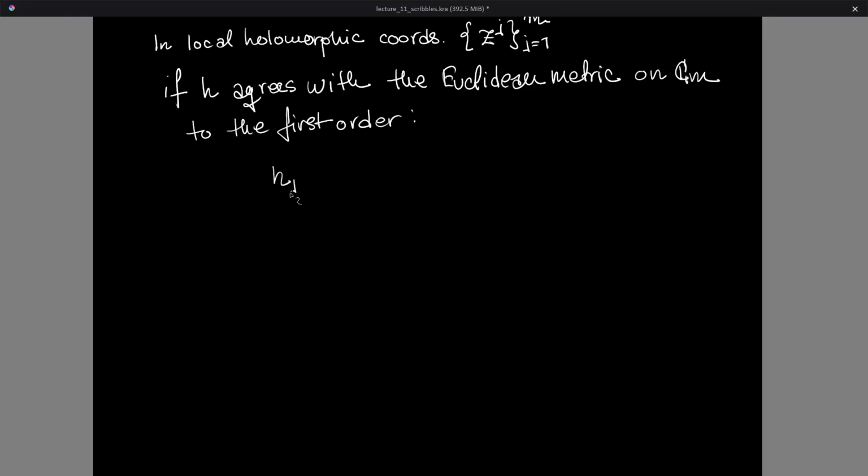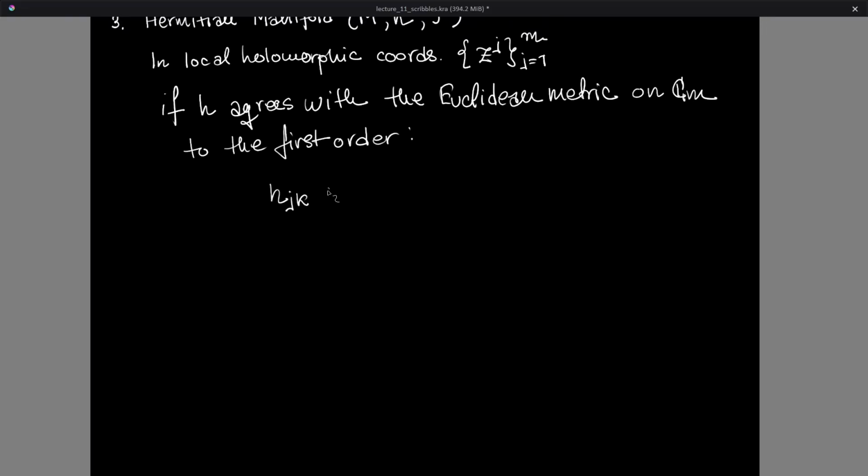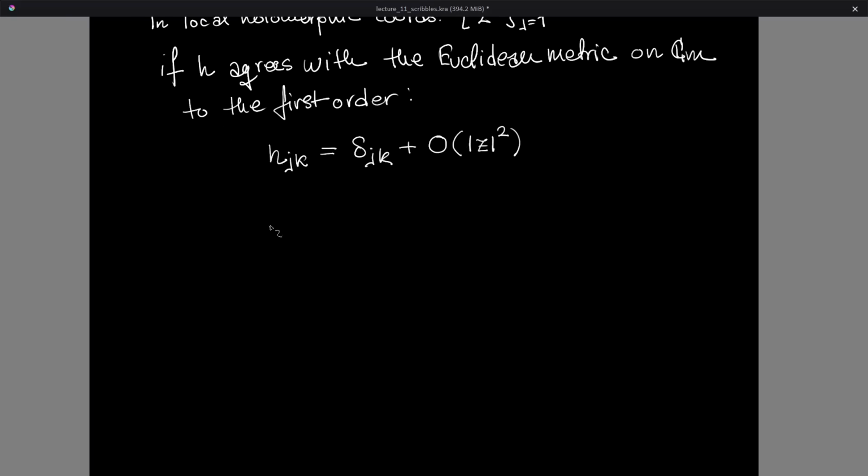that means that h_jk, each of the components in this local coordinate, is equal to delta_jk, which is the Euclidean metric, plus O of |z|^2, the length of z squared, then M is a Kähler manifold.